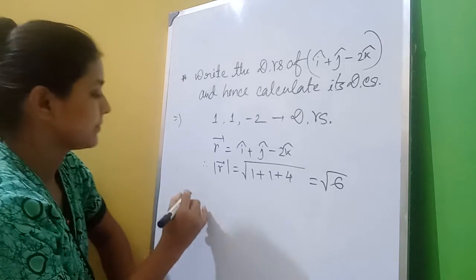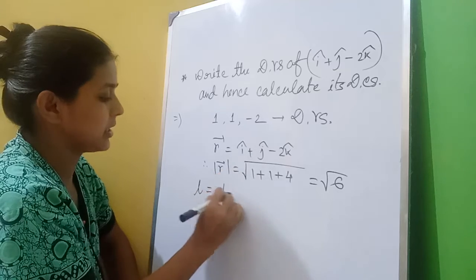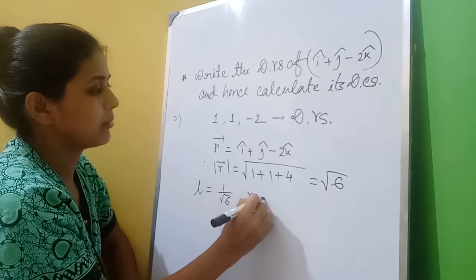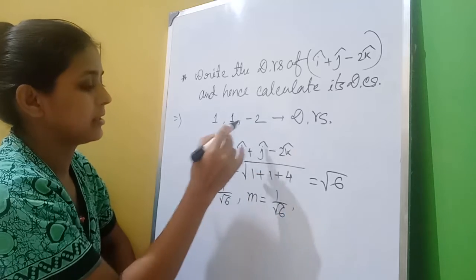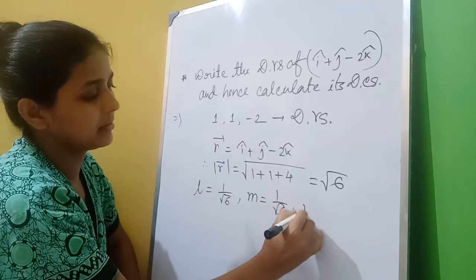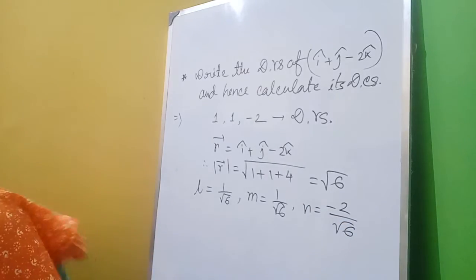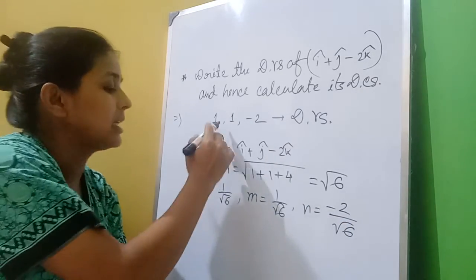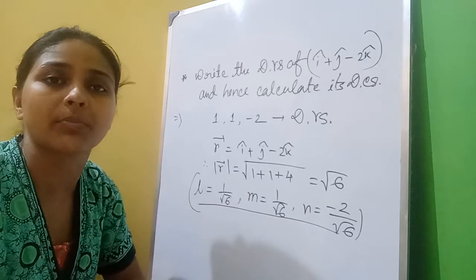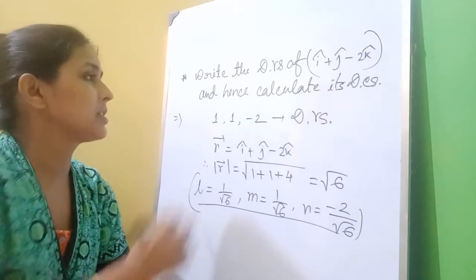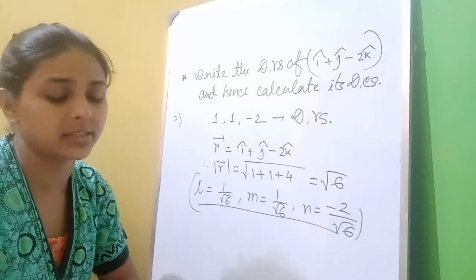That means l will be 1 divided by root 6, m will be 1 divided by root 6, and n will be minus 2 divided by root 6. These three will be the direction cosines of the line. So this is the way we can find direction ratios and direction cosines.